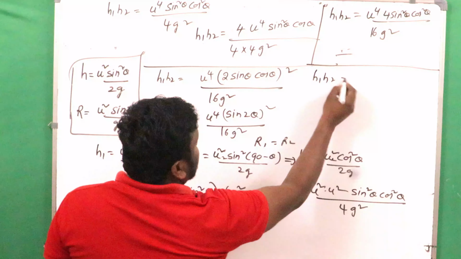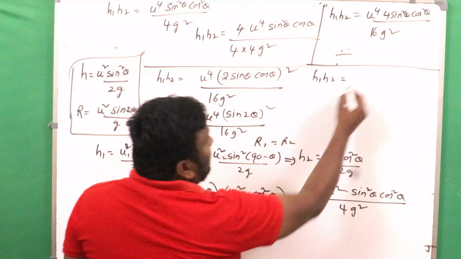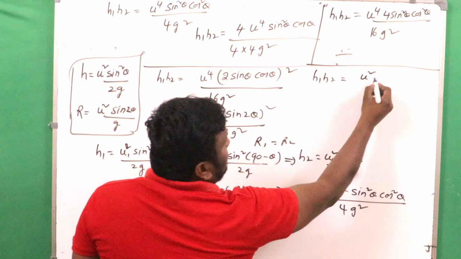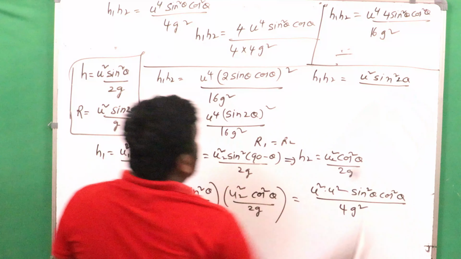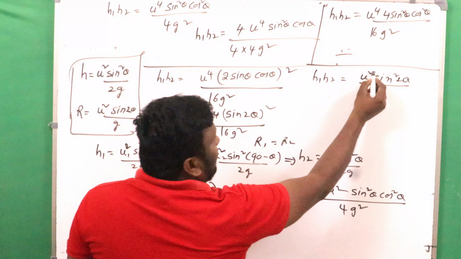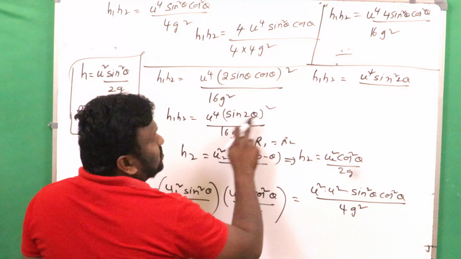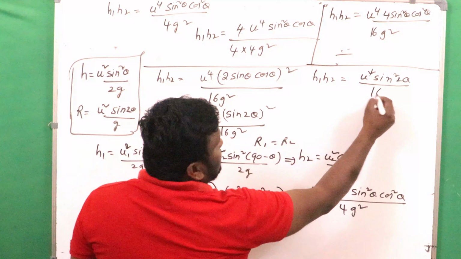H1 H2 is equal to u square sin square 2 theta, or u to the power of 4 sin 2 theta whole square by 16g square.